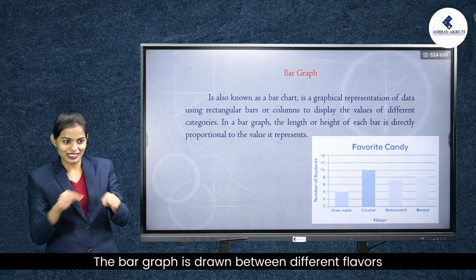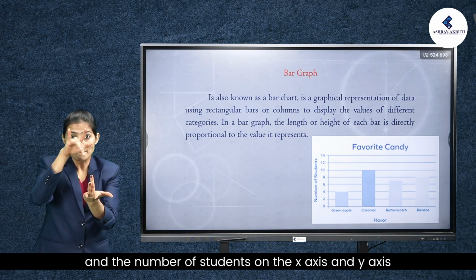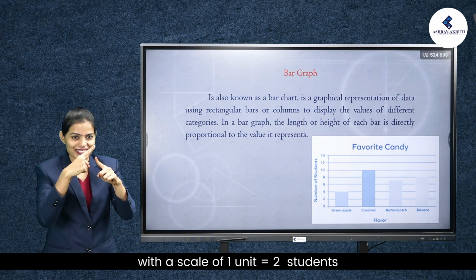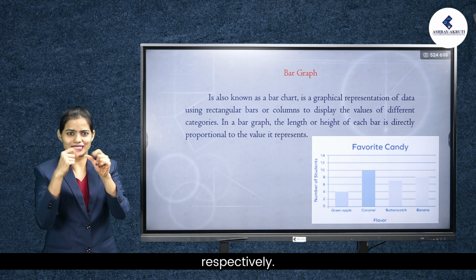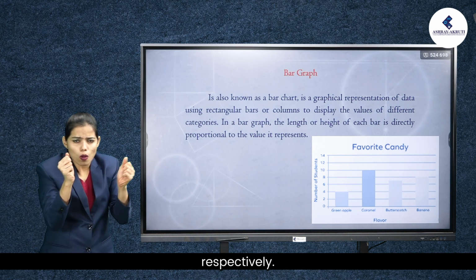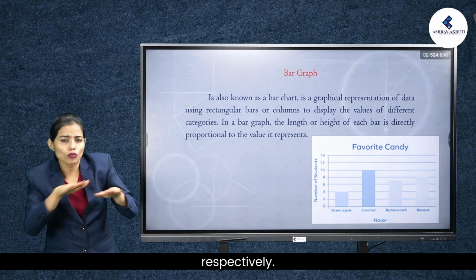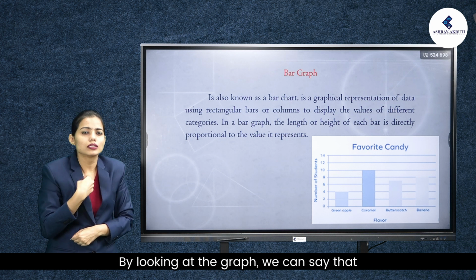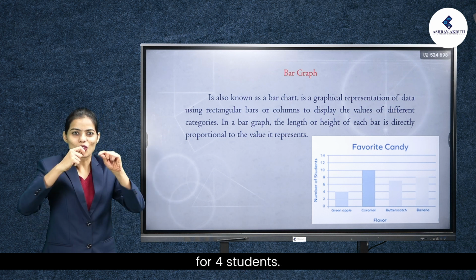The bar graph is drawn between different flavors and the number of students on the x-axis and y-axis respectively, with a scale of 1 unit equal to 2 students. By looking at the graph, we can say that green apple is a favorite candy for 4 students.